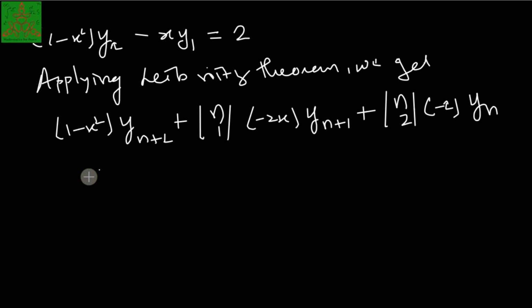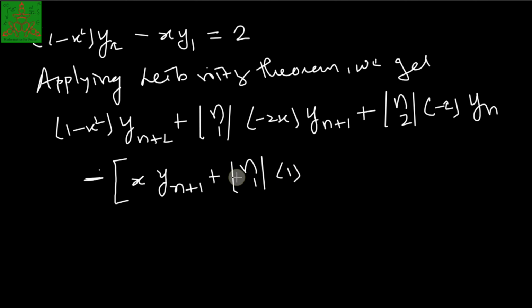Now for the second term, it is minus x as it is, the nth derivative of y1, which will be yn plus 1, plus nC1, minus 1, the derivative of x is 1, and the n minus 1th derivative of y1 will be yn, equal to 0 because the derivative of the constant quantity is 0.